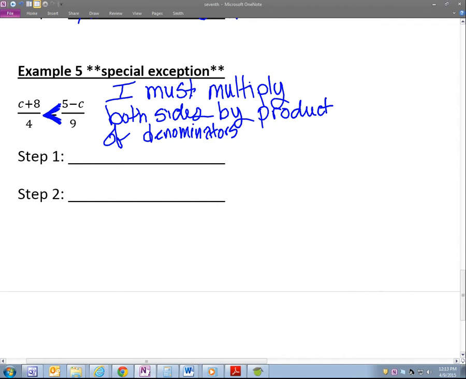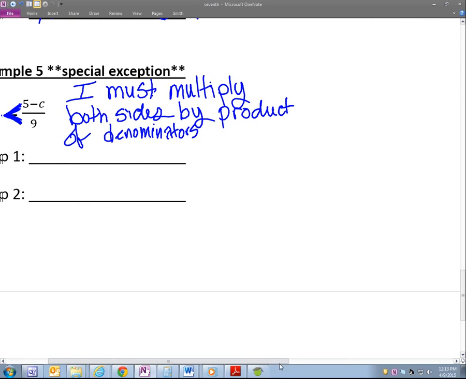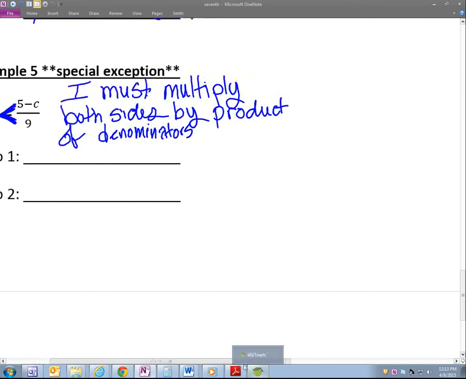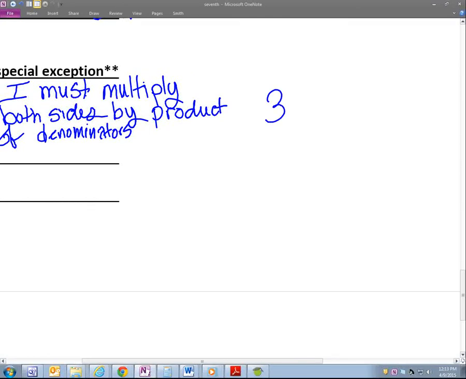And product is the answer to a multiplication problem. What is the product of the denominators over there? 4 and 9. What's 4 times 9? 36.